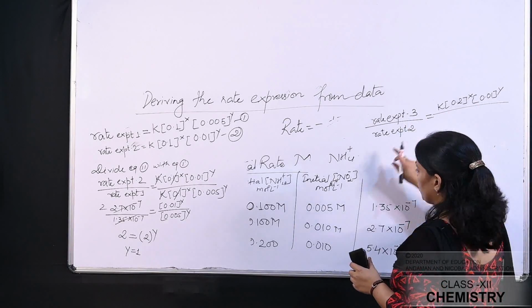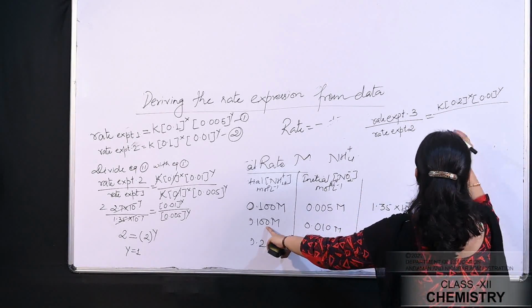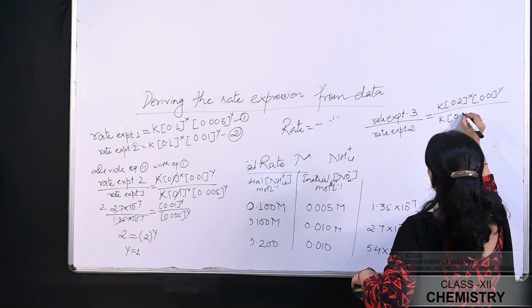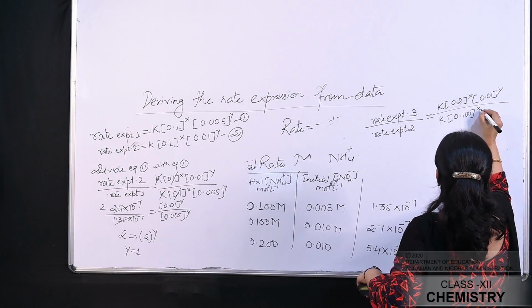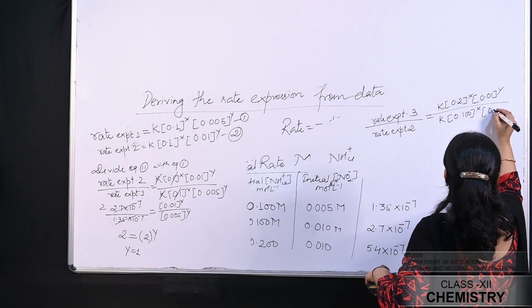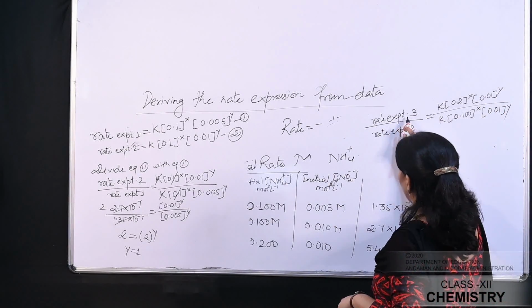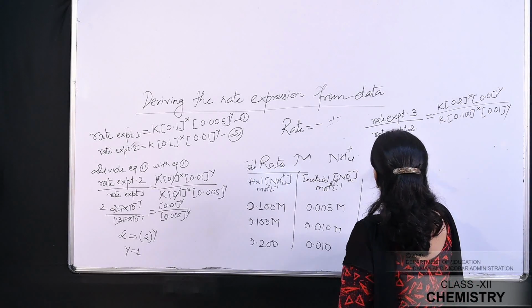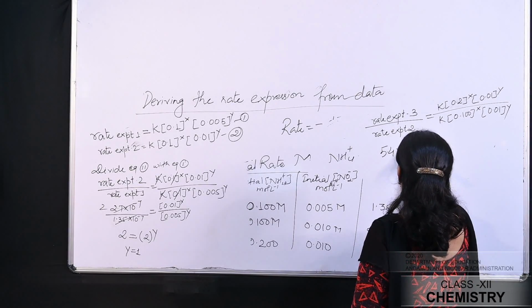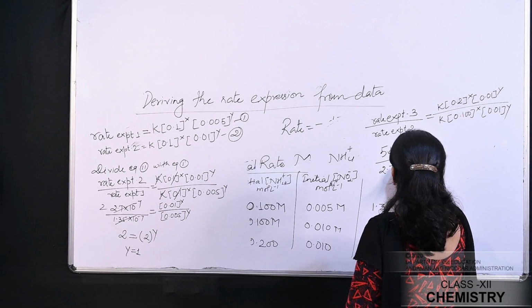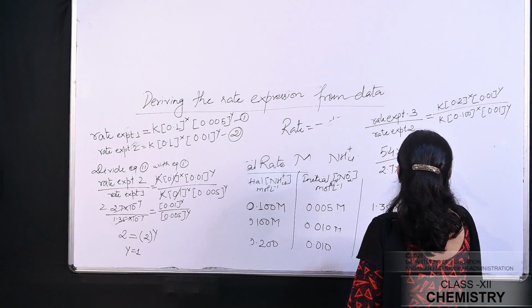Similarly, for experiment 2, the concentration of ammonium is 0.1 power x, and the concentration of nitrite remains the same, that is 0.01. What is the value of rate for experiment 3? That is 5.4 into 10 to the power minus 7, and the value for experiment 2 is 2.7 into 10 to the power minus 7.